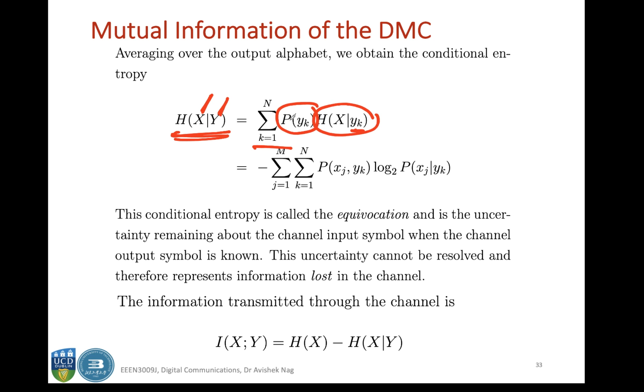In the previous video lecture we came across this term, conditional entropy H of X given Y, but in that case we were considering two sources X and Y trying to source information together.